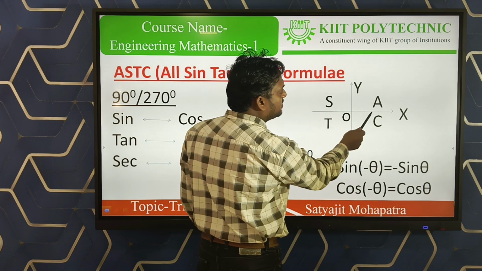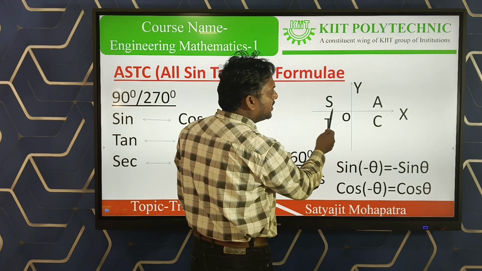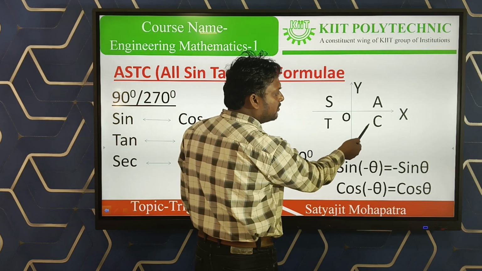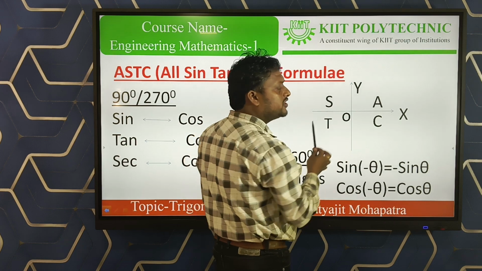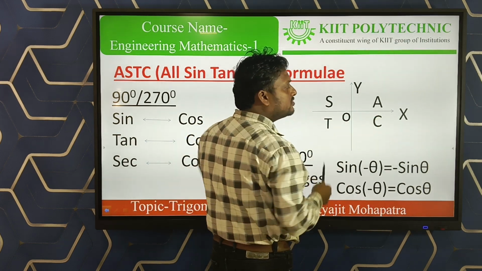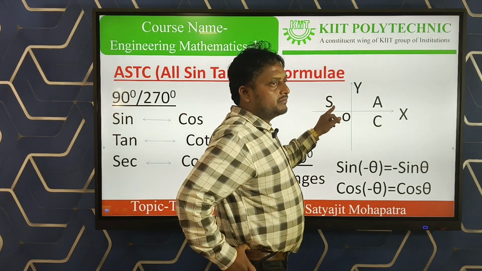The first quadrant stretches from 0 to 90 degrees, the second quadrant from 90 to 180, the third from 180 to 270, and the fourth quadrant from 270 to 360 degrees. In the first quadrant, all trigonometrical ratios are positive, and in the second quadrant, sine is positive.